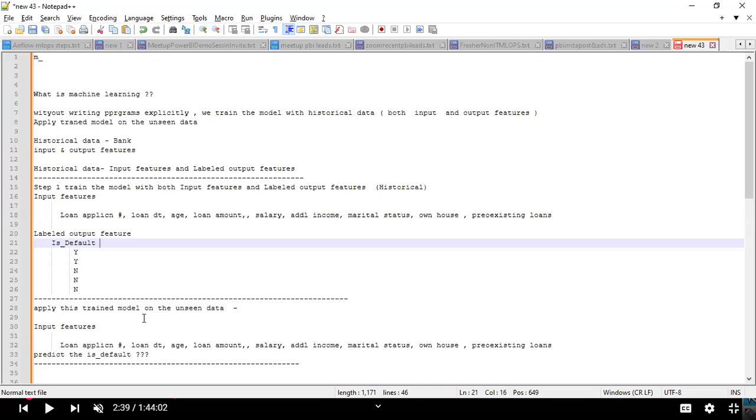You train the model with these features. Even if I tell you the same thing: in the Adyar location, the area is 2,000 square feet, the age of the house is 10 years, it costs 2.5 crore.